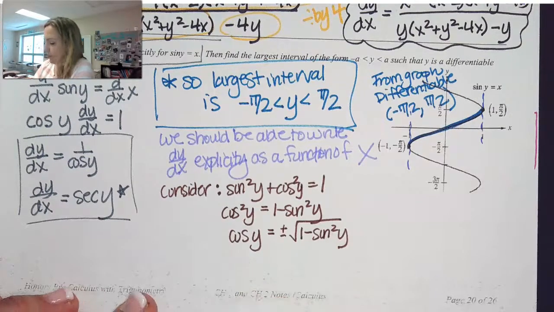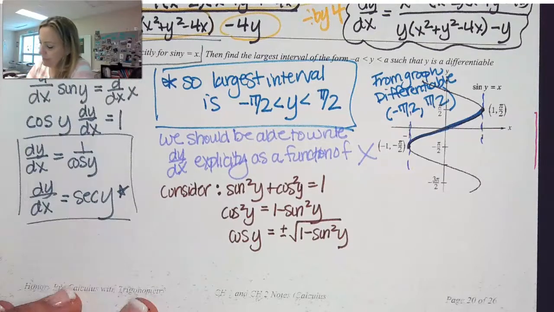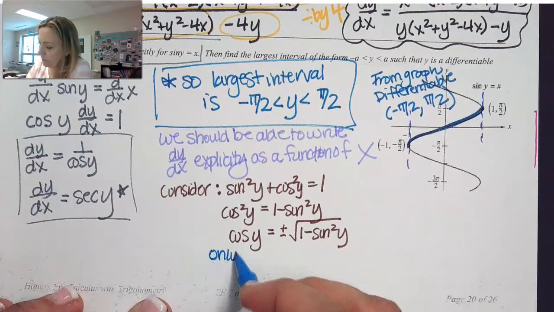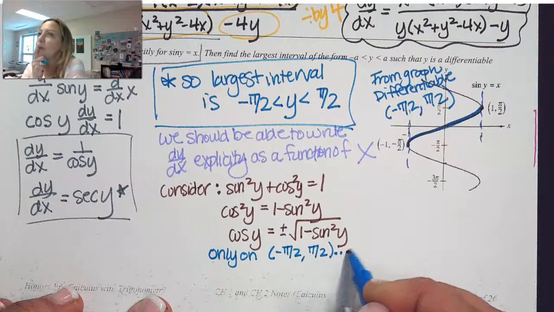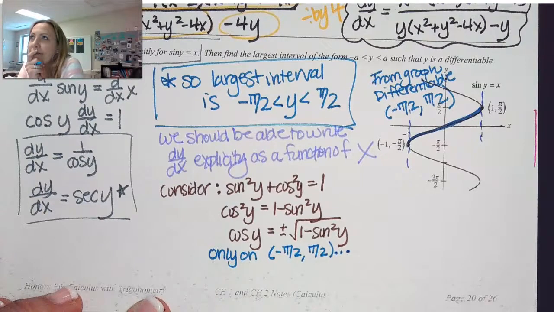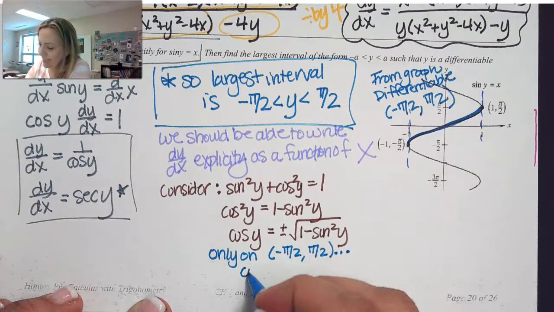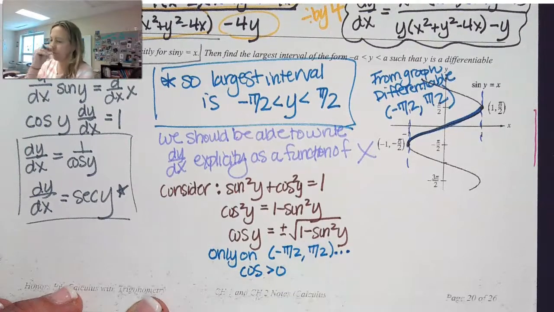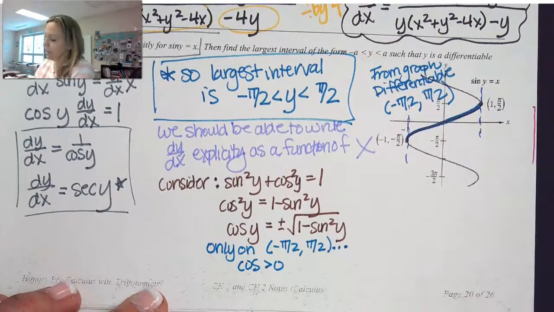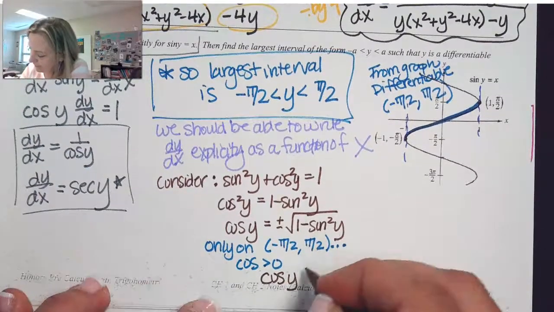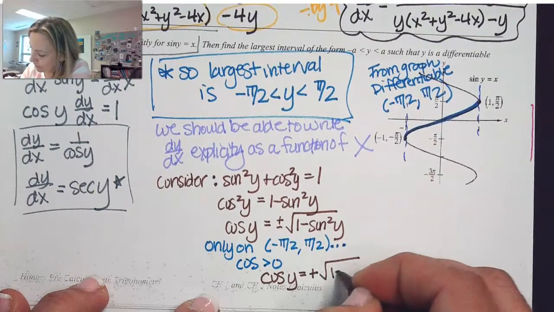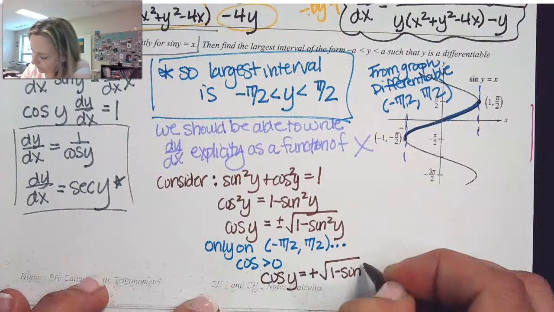But we know that we're only going on the interval negative pi over 2 to pi over 2. When you think about the cosine function on that interval, cosine is positive. If you think about the original cosine graph, not this graph, it's greater than 0. So we can say that the cosine of y is going to be the positive square root of 1 minus sine squared of y.